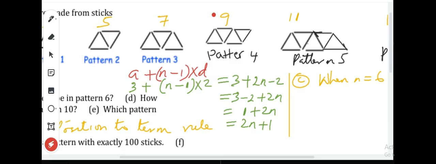So when n is equal to 6, we have 2 times n will now be 2 times 6, then plus 1, because it's 2n plus 1, 2 times 6 plus 1.